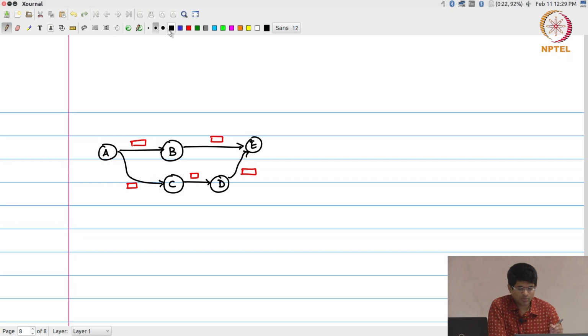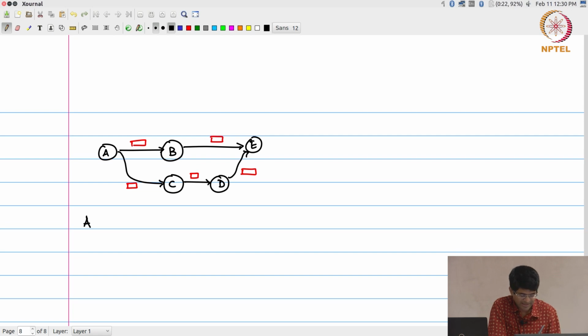Now the interesting thing about this model is that it allows you to do certain kinds of analysis on the system, right? What kind of analysis? One of the main things that we would like to know in such a system is what should the sizes of those FIFO buffers be so that I don't run into problems.